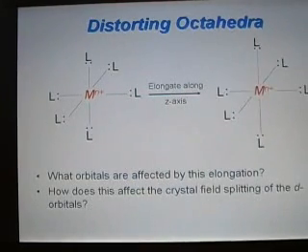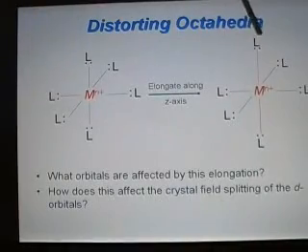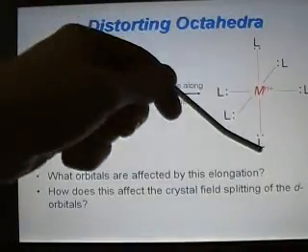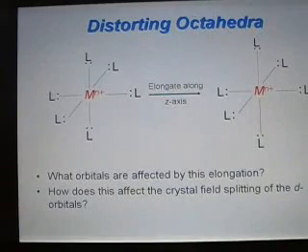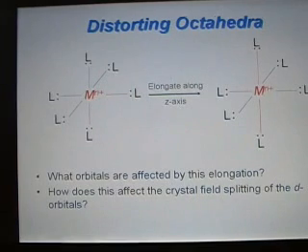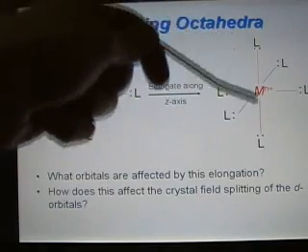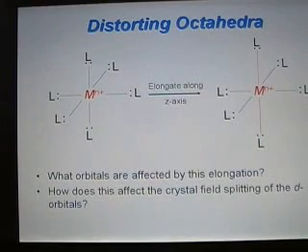And that's what happens. You have less interaction between the two ligands along the z-axis and the same amount of interaction along the x and y axes. So, what orbitals are affected by this elongation? Well, you would expect that the dz squared should be affected.